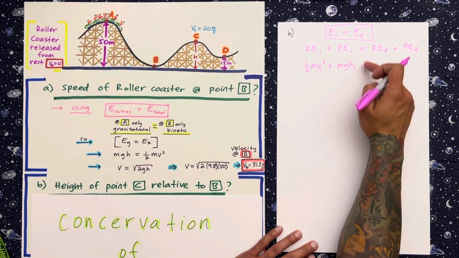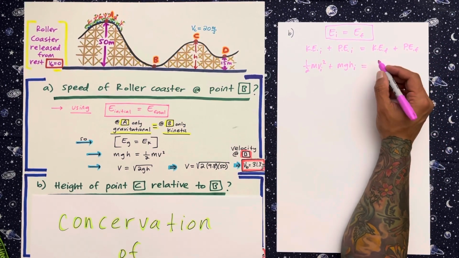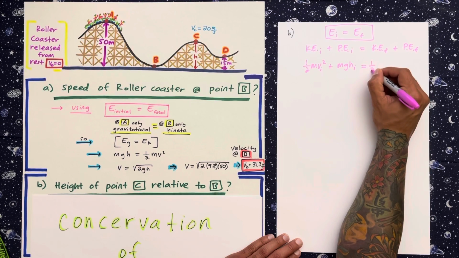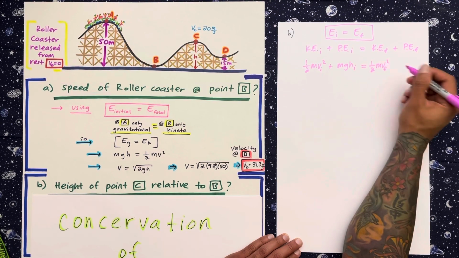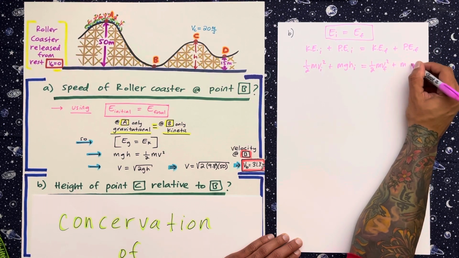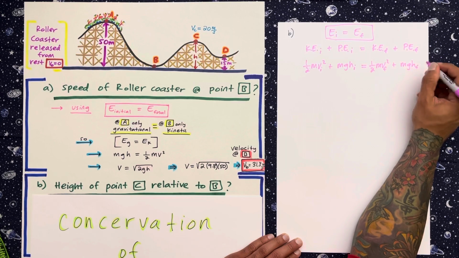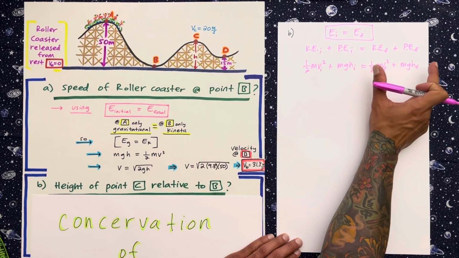Now equals, now we're going to do the final side of the equation, and here we got 1/2 mv squared final, so that's the final, and plus mgh height final. Okay, so initial side and final side.